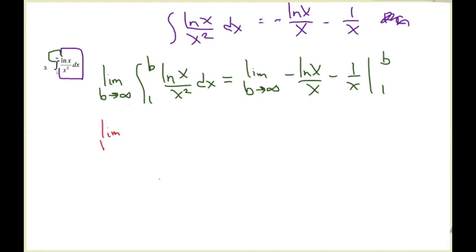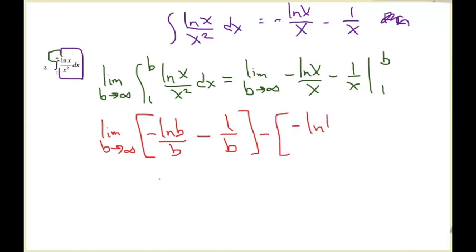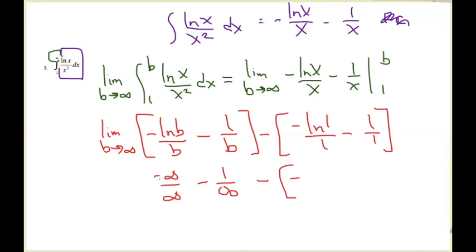The limit as b approaches infinity. As we evaluate this, what you're going to see is we've got negative infinity over infinity, minus 1 over infinity, minus, in this quantity, negative 0 over 1 and then minus 1.